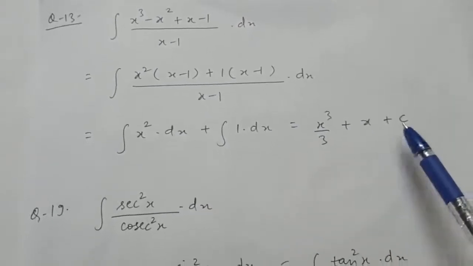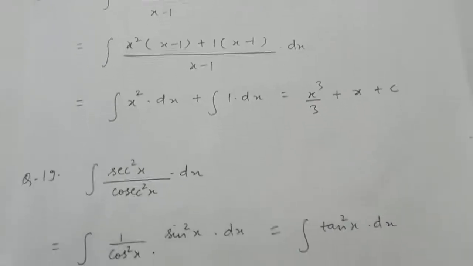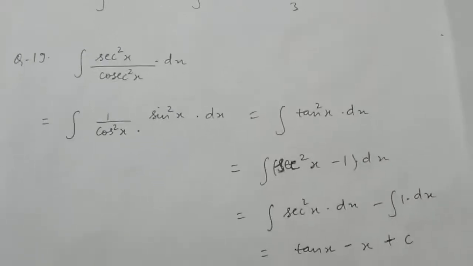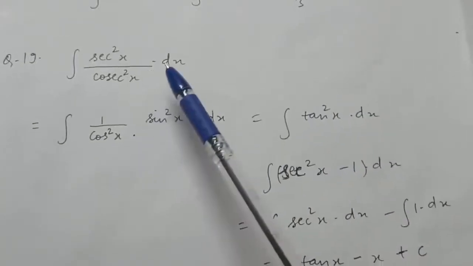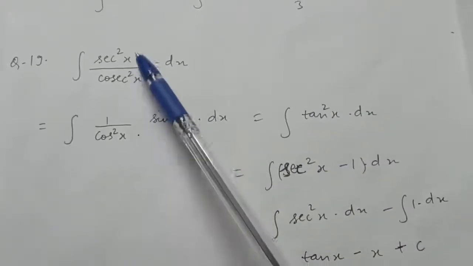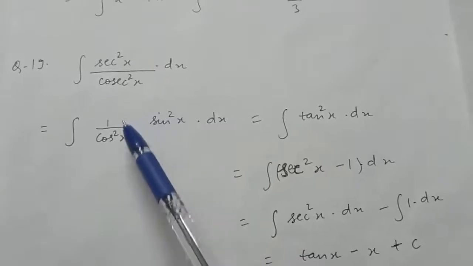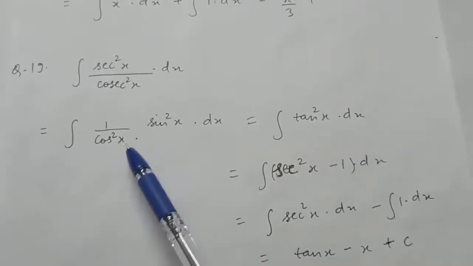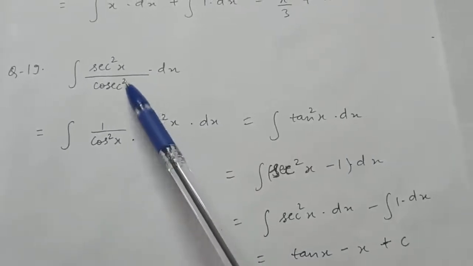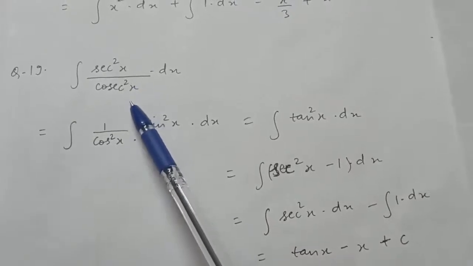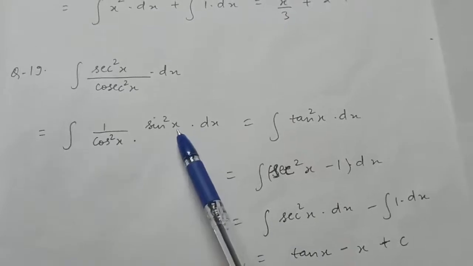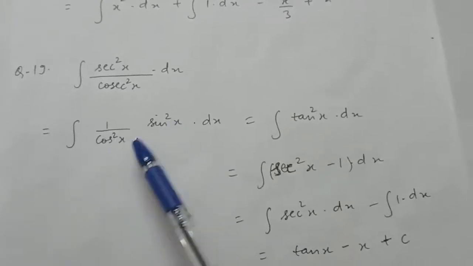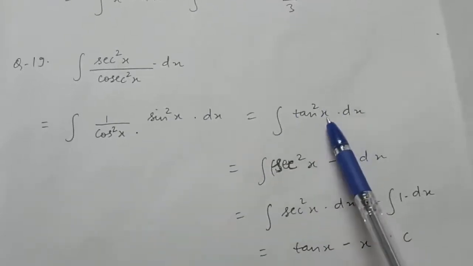Now question number 19 is integral of secant square x upon cosecant square x with respect to x. Now secant square x can be written as 1 upon cos square x, into cosecant square x can be written as 1 upon sin square x. So sin square x will come in the numerator. Now sin square x upon cos square x is tan square x.